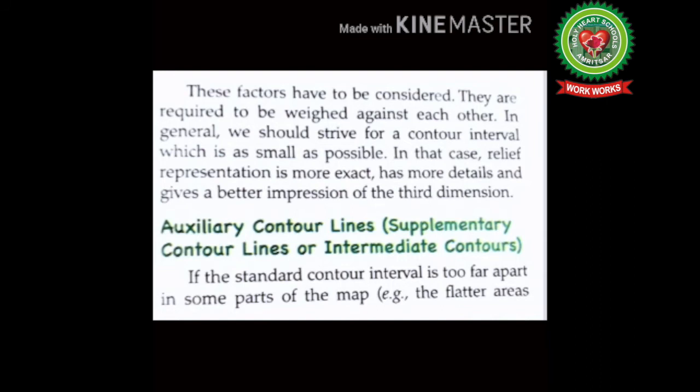These factors have to be considered and weighed against each other. In general, we should strive for a contour interval which is as small as possible. In that case, relief representation is more exact, has more details, and gives a better impression of the third dimension.